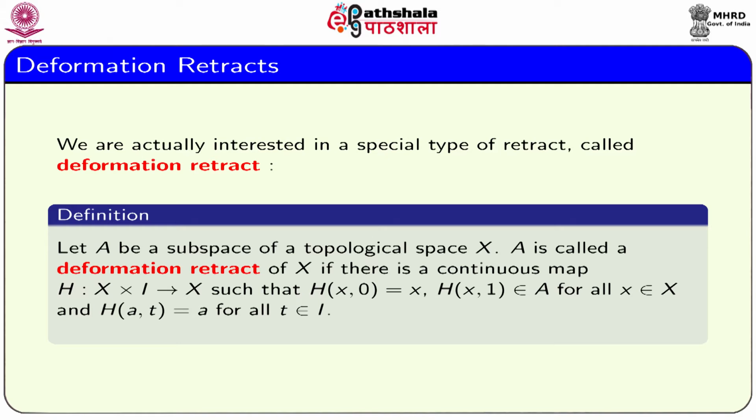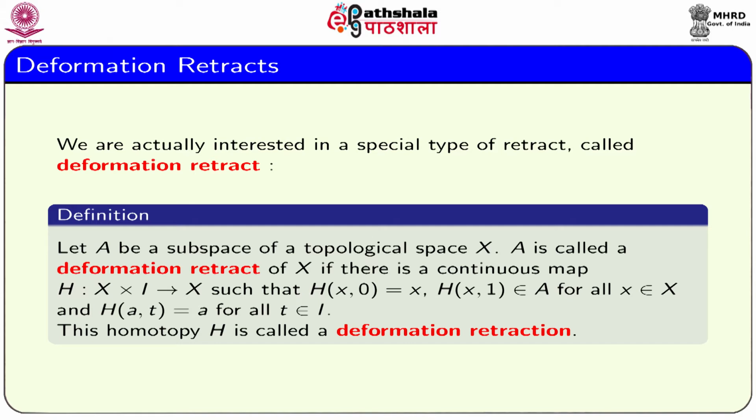Let us take a subspace A of a topological space X. We call A a deformation retract of X if there is a continuous function H from X cross I to X such that H(x,0) is x and H(x,1) belongs to A for all x belonging to X, and H(a,t) is equal to a for all t belonging to I. Then this H is a homotopy, and this homotopy is called a deformation retraction.